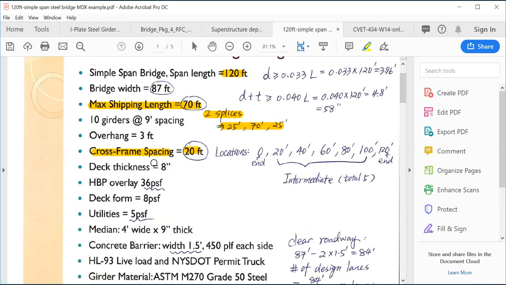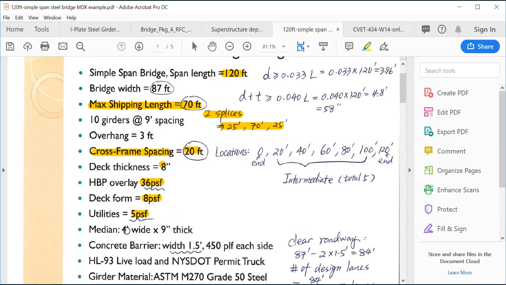And deck thickness is 8 inches, and deck overlay, which is the wearing surface, 36 pounds per square foot, and utility, 5 pounds per square foot, is also part of the wearing surface. So we just add them together, get 41 pounds per square foot. And the steel deck form is 8 pounds per square foot, and we treat steel deck form as a non-composite dead load.